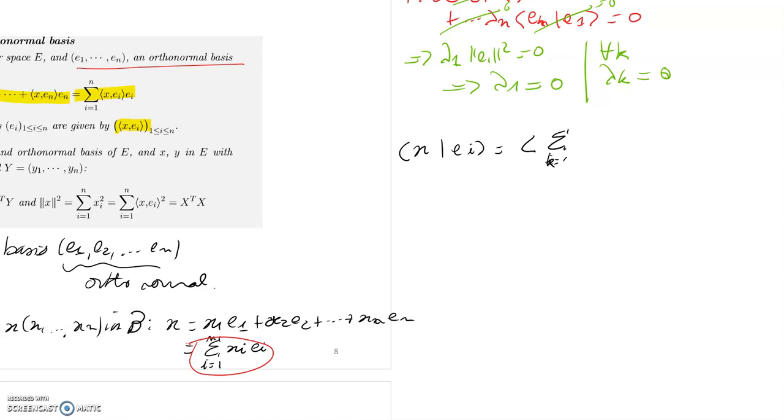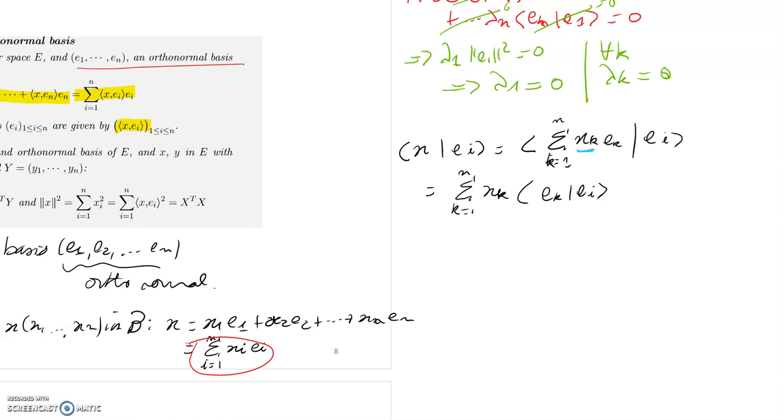So the sum from k equal to 1 to n of xk ek, inner product with ei. Okay, I'm going to use the linearity property of the scalar product. Remember that those xk are real numbers, they are the coordinates of x in the basis. So using the linearity of this inner product, this is really the sum over k equal to 1 to n of xk times the inner product of ek with ei.